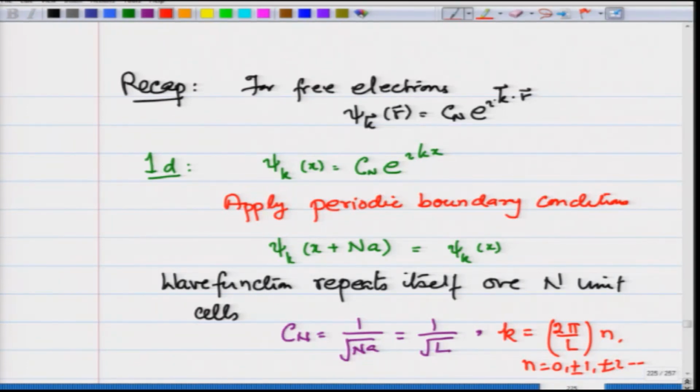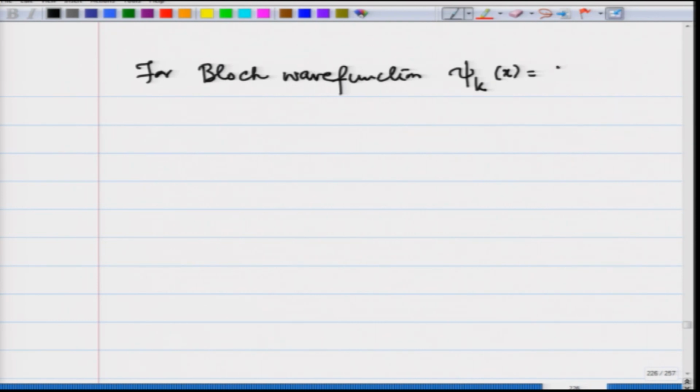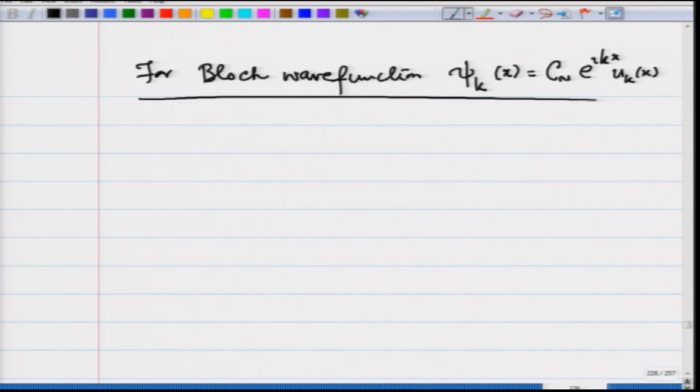We do precisely the same thing for Bloch electrons. So, for Bloch wave function, which is psi k x equals some normalization constant e raised to I k x u k x, what do we do? 1.